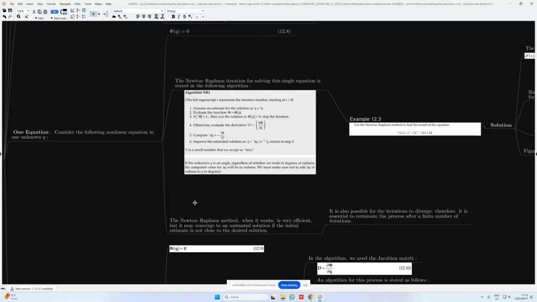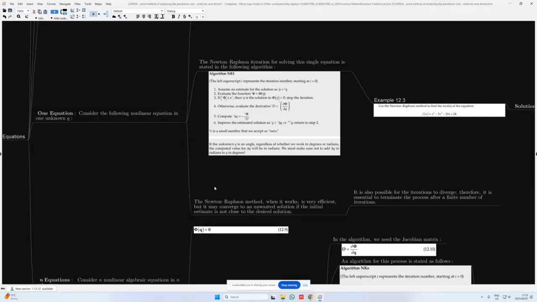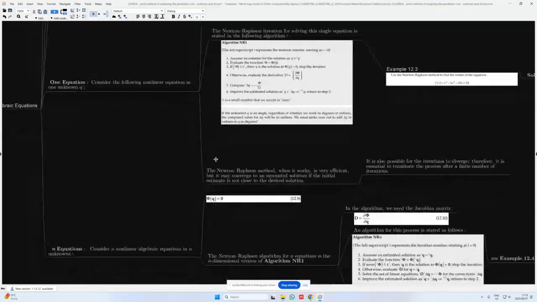And then we can see whether it diverges, whether it converges, whether it needs a few extra iterations to converge to the solution that we need, or whether our specified tolerance is simply too small and the Newton-Raphson method struggles to find a solution.